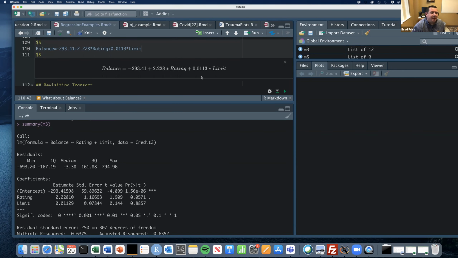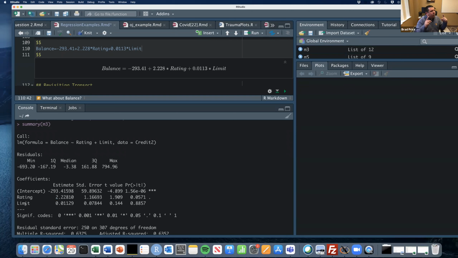Here we're saying, given we increase rating by 1 unit, and limit is in the model and held constant. That statement, given limit is in the model, is the same thing we mean when we say this is the p-value that the slope for rating is equal to 0, given limit is in the model.